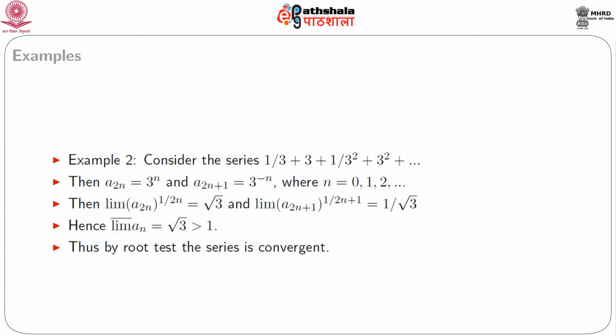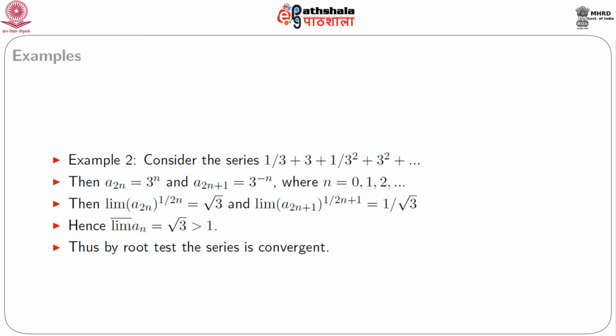Consider our next example, which has some peculiar behavior, where the even terms are powers of 3 and odd terms are the negative powers of 3. That is, if we consider the nth term as an even term and odd term, we get a_2n as 3 to the power n and a_(2n+1) as 3 to the power minus n, where n starts from 0 up to infinity.